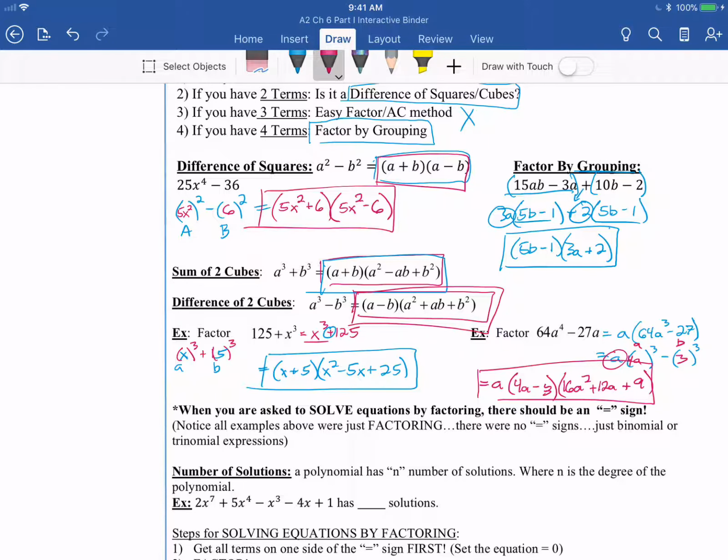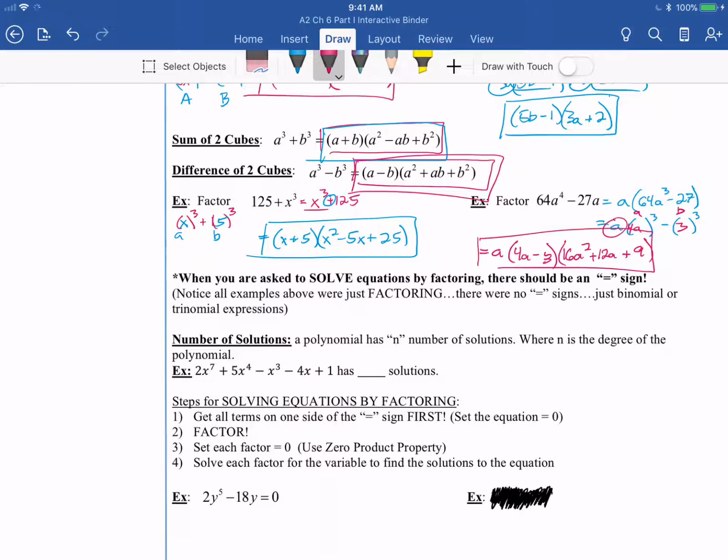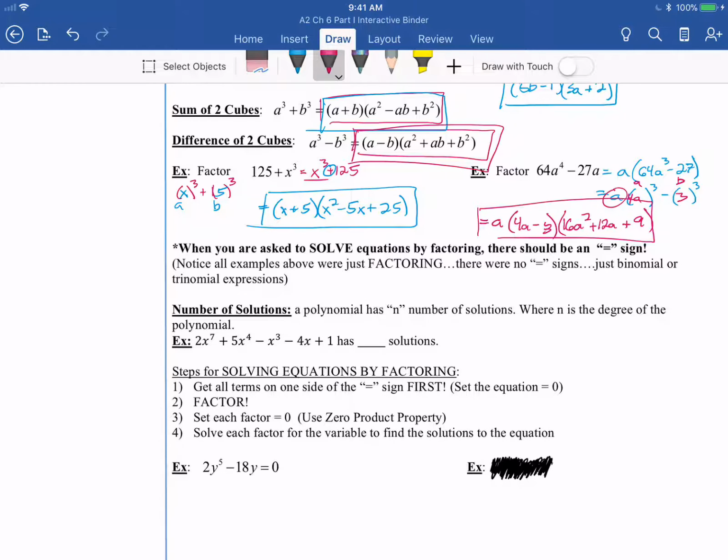Okay. A couple of things as we go through here. We're going to solve these by factoring, and in the second part of chapter 6, we're going to look at solving by factoring a lot and finding these solutions. The number of solutions is n, where n is the degree of your polynomial. So your number of solutions is your highest exponent.